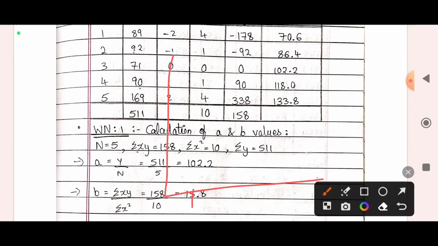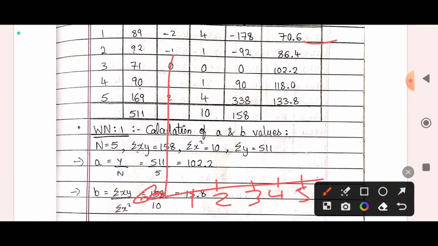First year 1, 2, 3, 4, 5 years data I have taken. Randomly I am writing, but you do it with the correct scale. Consider the base as 60 directly, because the values start from 70.